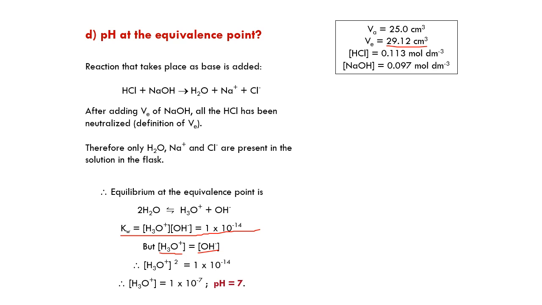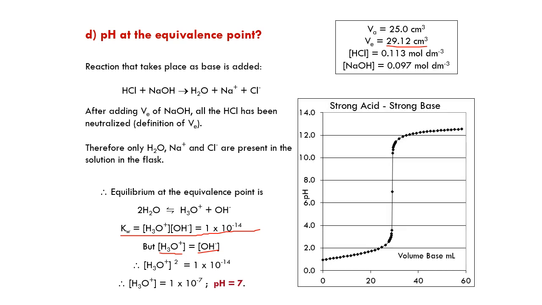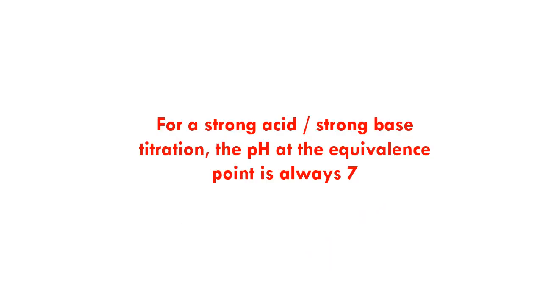It tells us that pH is equal to 7. So in your strong acid, strong base titration at the equivalence point, the pH is expected to be 7, right? Good.